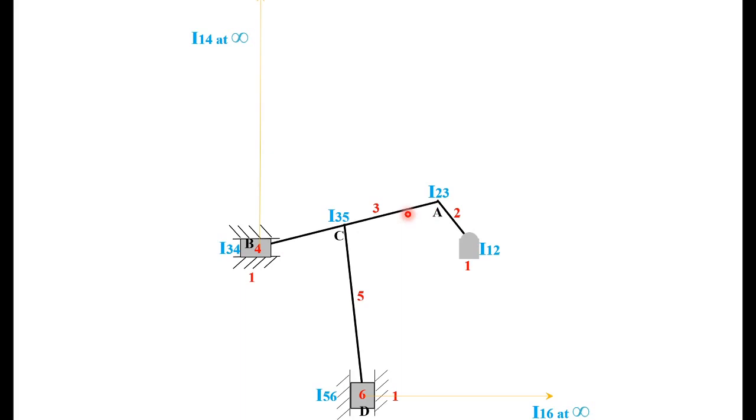AB is link 3. So I13 will be the instantaneous center, because it is the instantaneous center of AB with respect to the fixed link, or with respect to the fixed point. That is the absolute center I13 at this instant. The next instant it will be different. So you have to locate I13. So how will you locate I13?